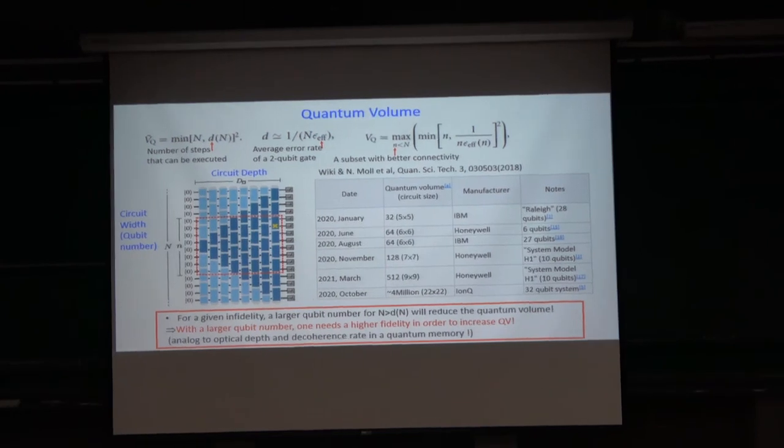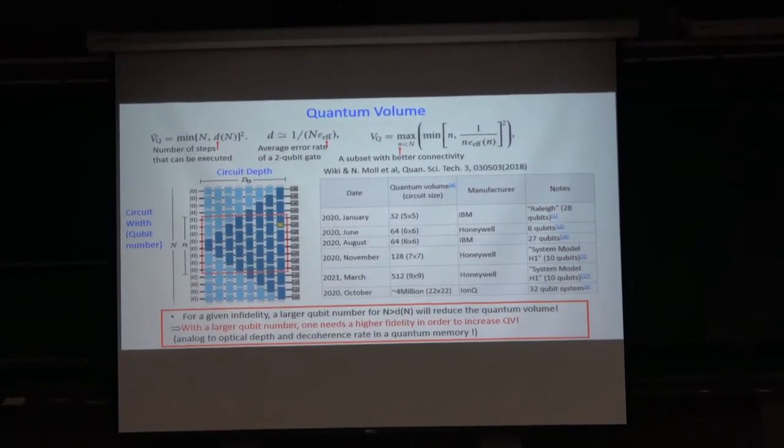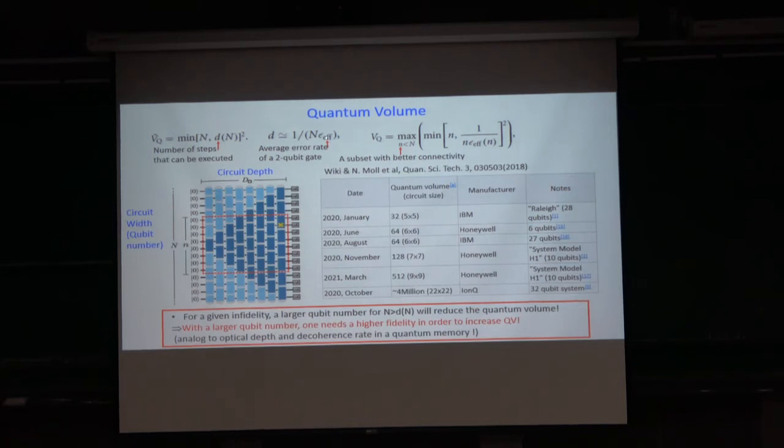Otherwise, the overall performance is still bad. Even though you may have 1,000 or 10,000 qubits, if the fidelity is low, it's useless. So in this definition, with qubit number and circuit depth, you can conduct your quantum operation with a small gate error.